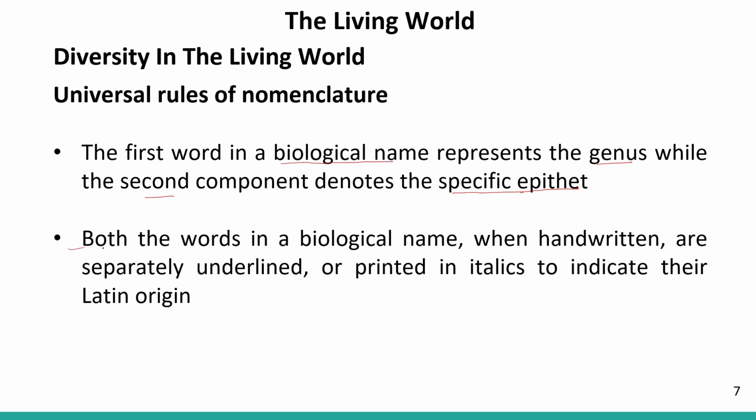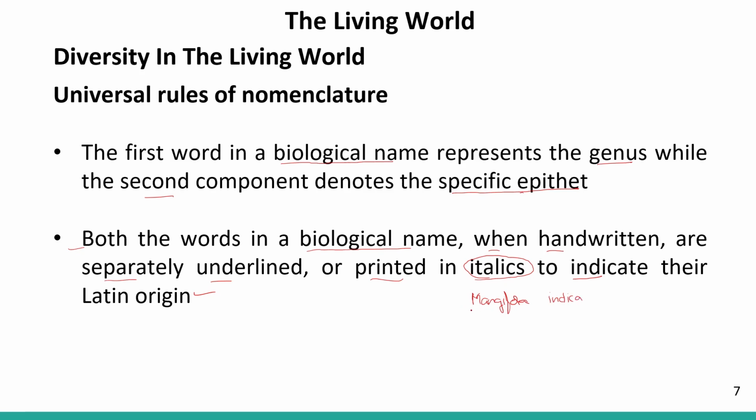Now the next point is that both the words in a biological name, when handwritten, are separately underlined, or if they are printed, then they should be italicized. Why? To indicate their Latin origin. We were talking about Mangifera indica, which is mango, the scientific name of mango.